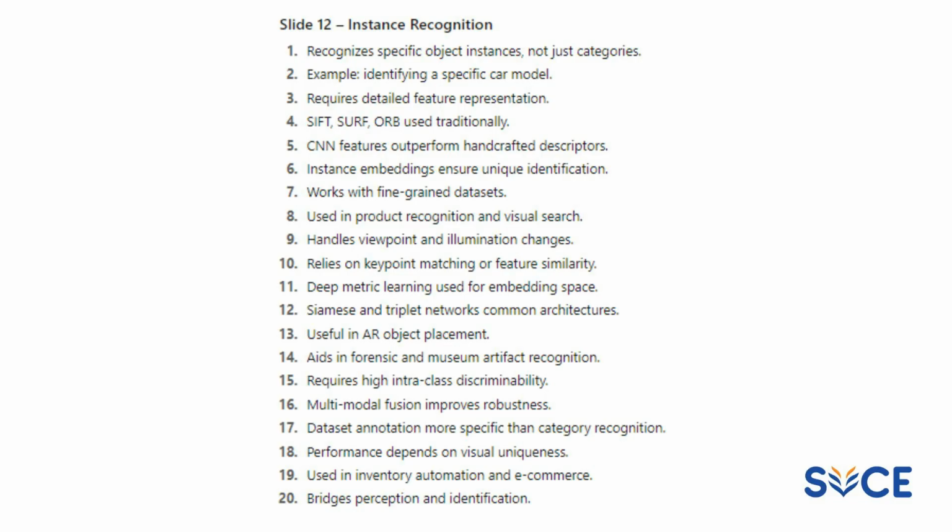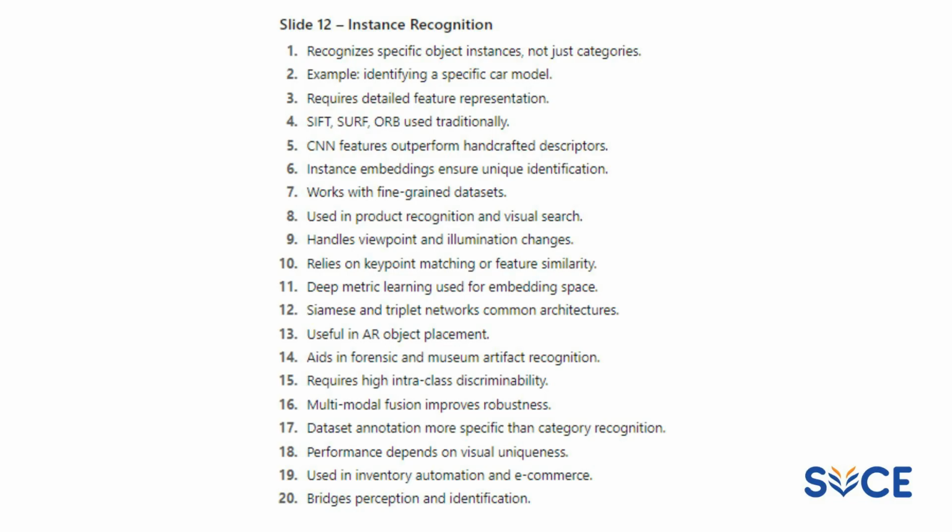So basically in this topic we have discussed recognizing specific object instances and not just a category, for example identifying specific car models, which requires detailed feature representations like SIFT or SURF used as traditional methods. When deep learning came into the picture, CNN features outperformed the handcrafted descriptors. It works well with fine-grained datasets.